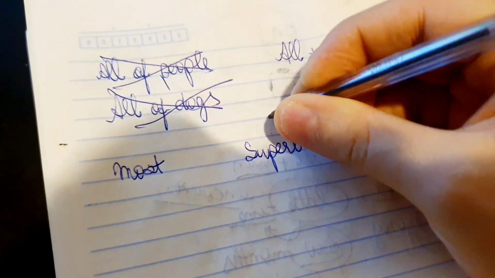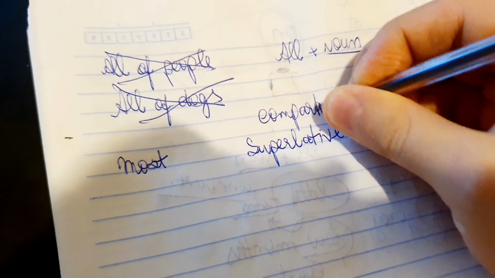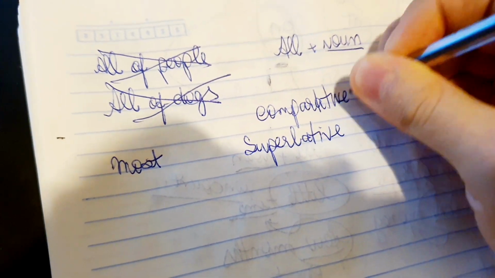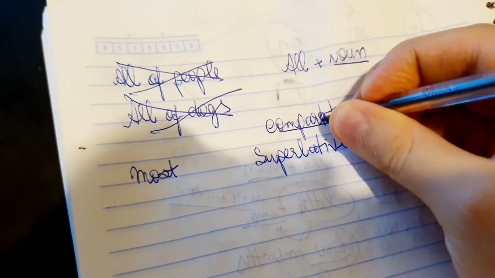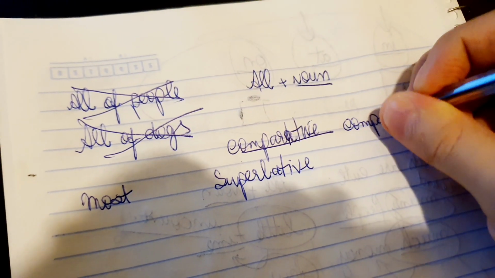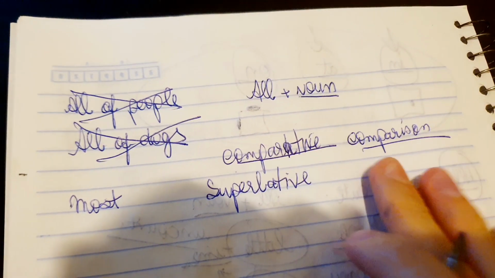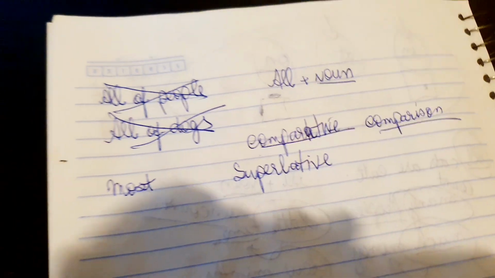Sometimes you may confuse most with the superlative. When we study the comparative form, which we have already covered in some video behind, check it out, okay? The comparison or comparative, you can search for these words. There is at least one video talking about it.